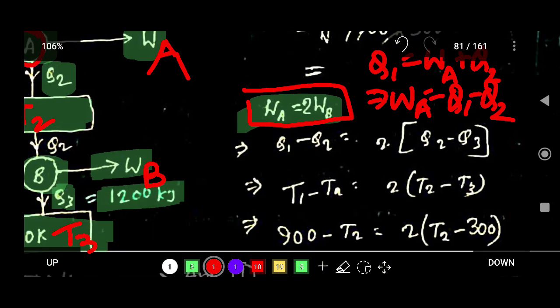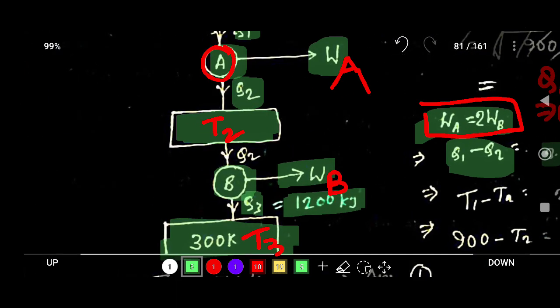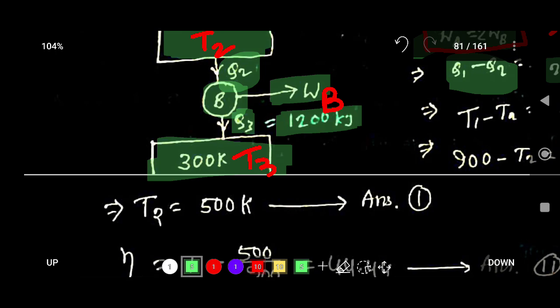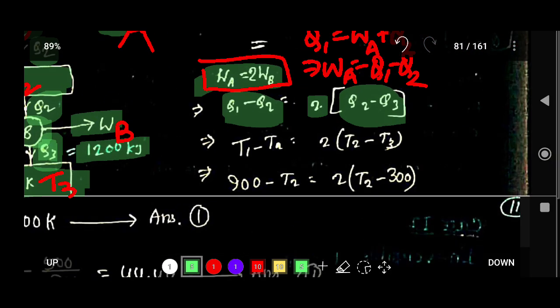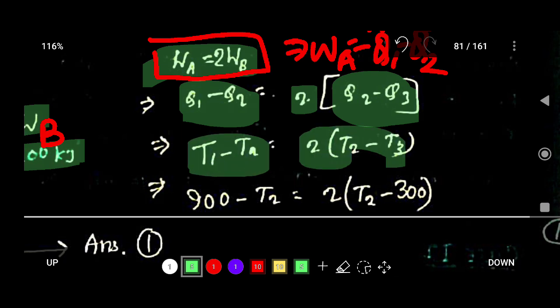From here, W_A is equal to Q1 minus Q2, and in the same way W_B is Q2 minus Q3. Here this is Q2 and this is Q3. You know that Q1 minus Q2, that is equal to T1 minus T2, which is equal to 2 times T2 minus T3.